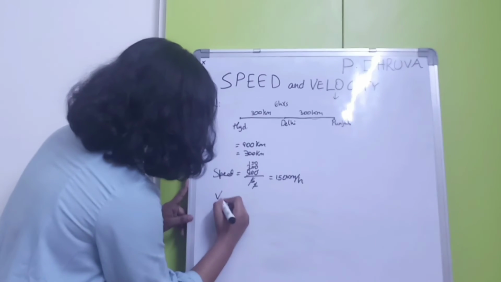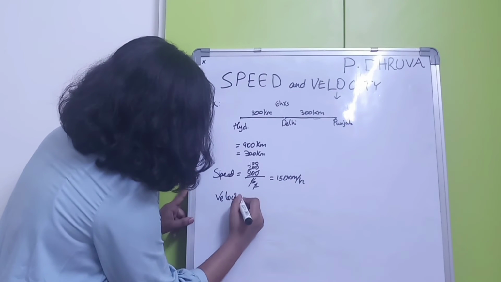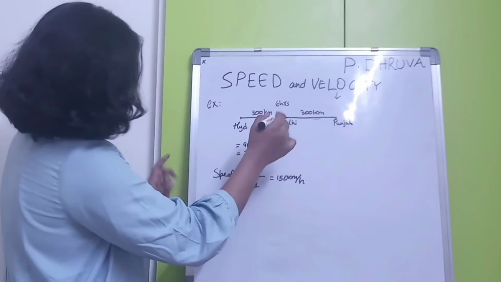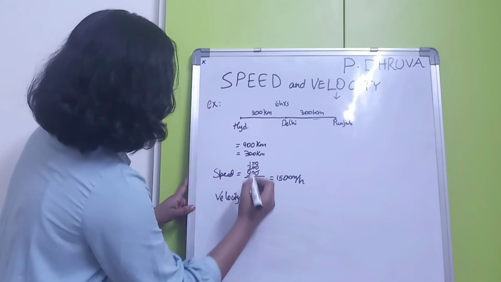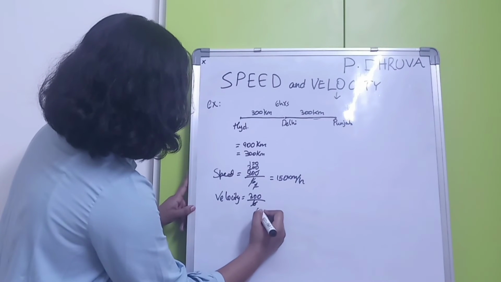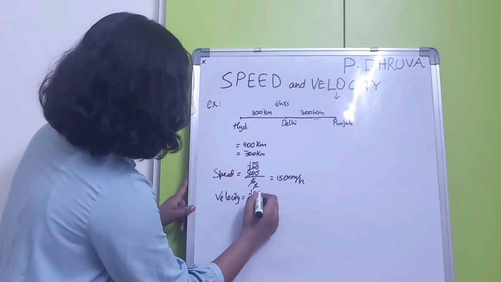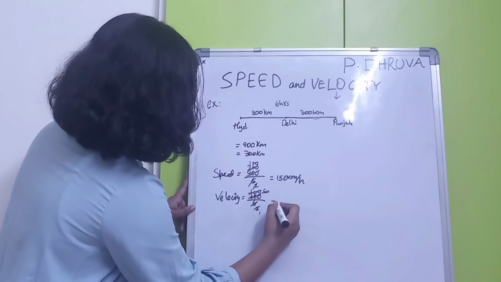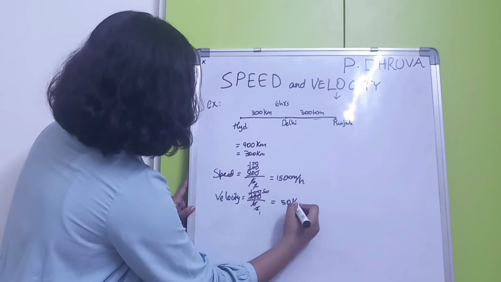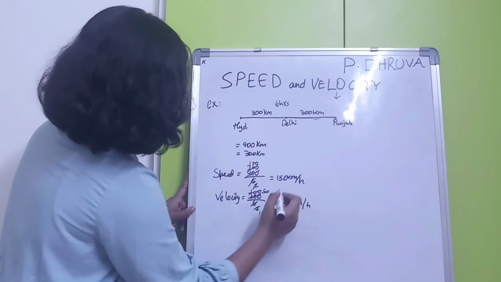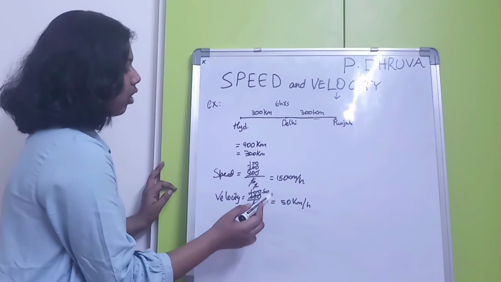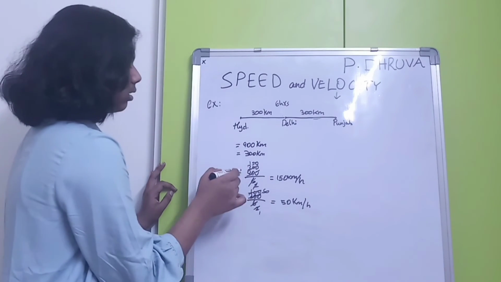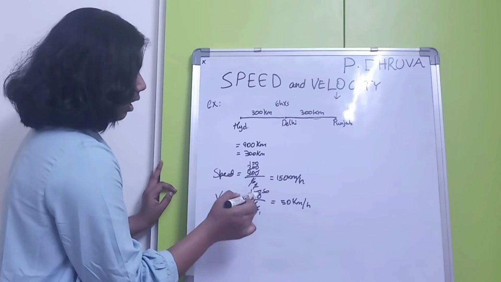Now let's calculate the velocity. Velocity is displacement, which is 300 kilometers, by time, 6 hours. So the velocity is 50 kilometers per hour. You can see the difference, right? The speed and velocity are not the same, and the formula is also different. Here it is distance by time, and here it is displacement by time.